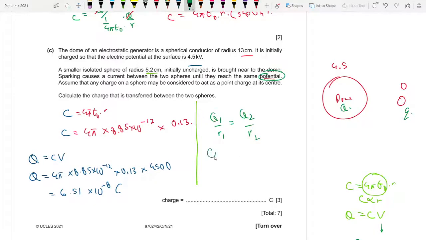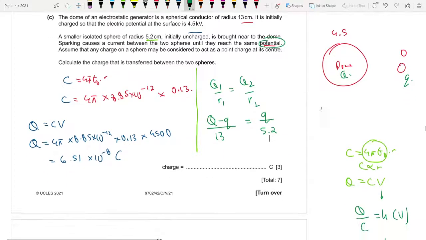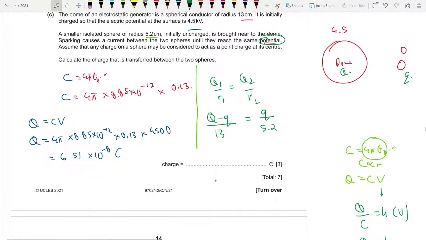So we can say that Q minus small q divided by R1, which is 13, in fact both of them are in centimeters, is equal to small q, the increase in charge, divided by 5.2. Okay, that's what we end up with.